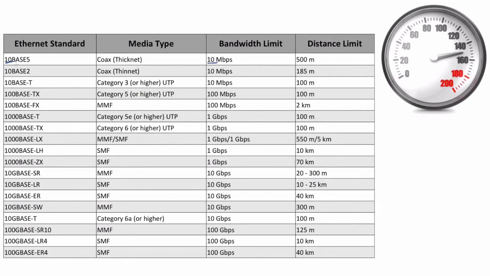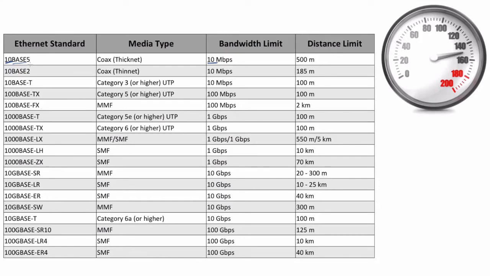The base in 10 base 5 represents baseband as opposed to broadband, meaning that all of the frequencies on the media are used by this transmission. It's not like we have channels like you have on a cable TV in your home. That would be an example of broadband, but here with baseband, we're using all of the available frequencies for this one transmission.